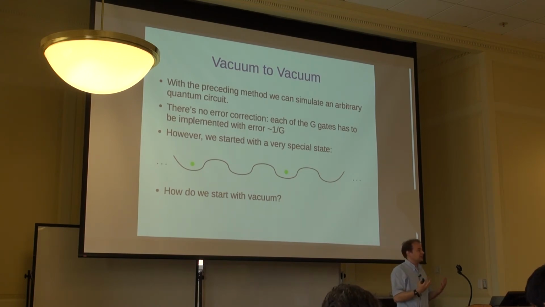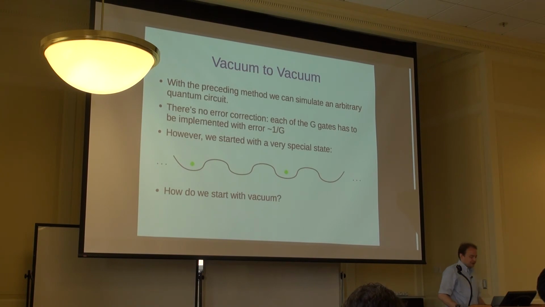We want to think of it as being something like the partition function or some scattering dynamics. There are no measurements in there, so we're not doing active error correction. So in this fictitious model of computing, if we have, say, G gates that we're simulating, we need each gate to be implemented with precision order 1 over G. So we need these gates to be polynomially precise.